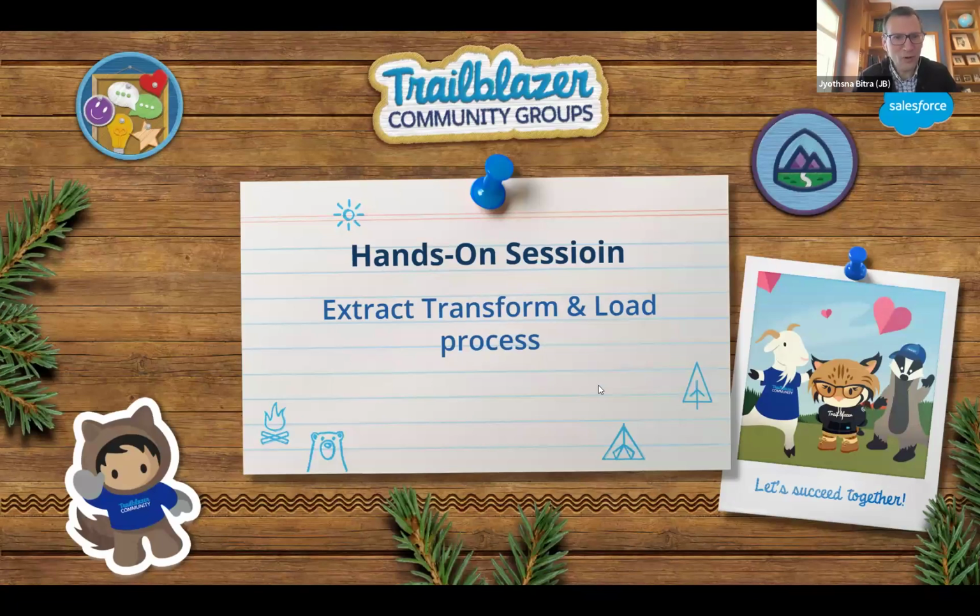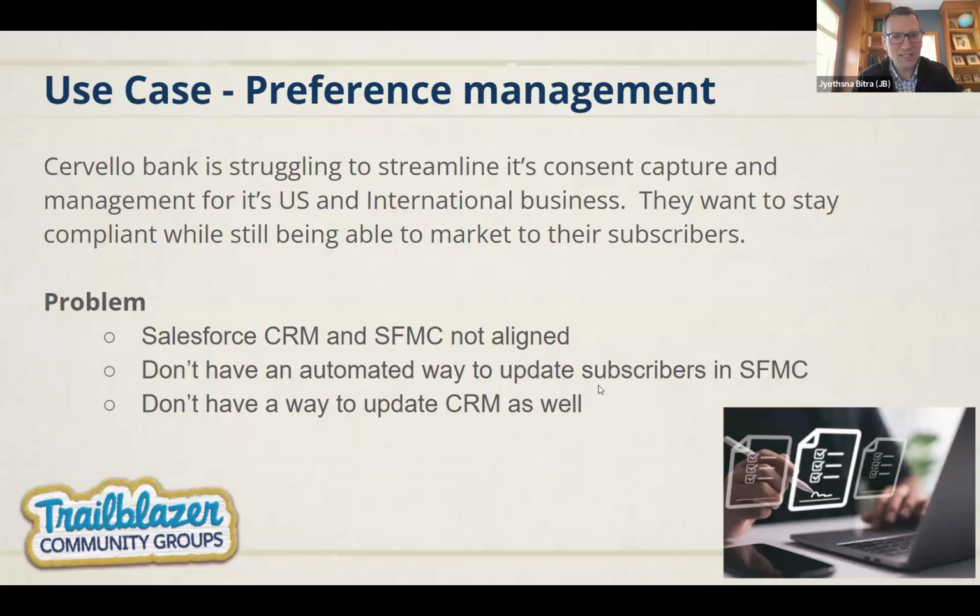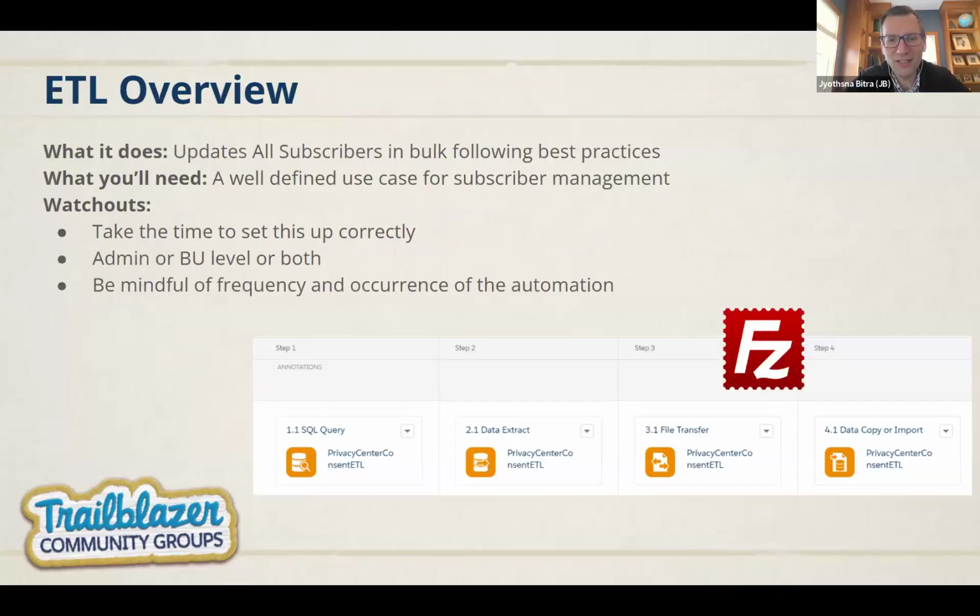Just giving a little bit of an overview of the ETL process typically used in Automation Studio when you're updating all subscribers. It's typically a three-part process: the E, the extract, the transfer or transform, the file transfer, and then the load or the import.